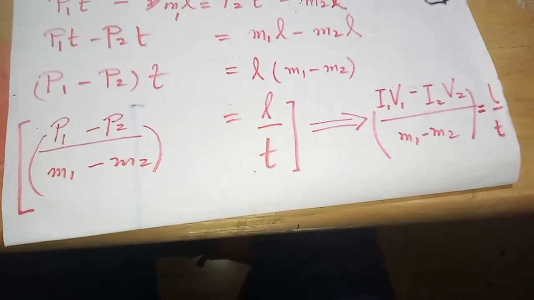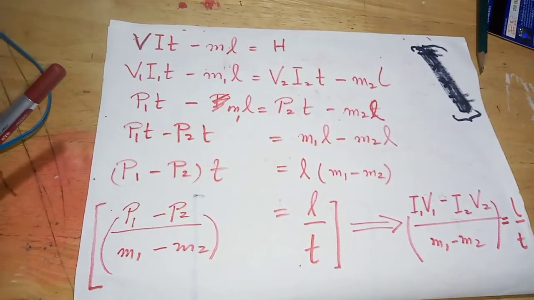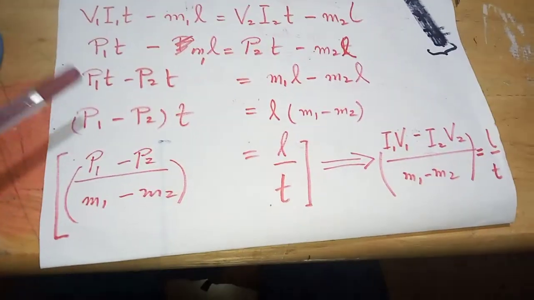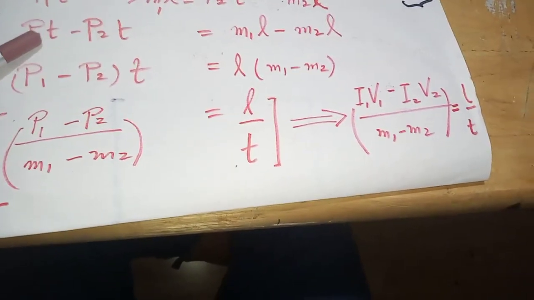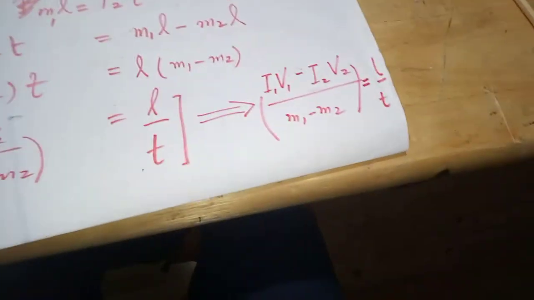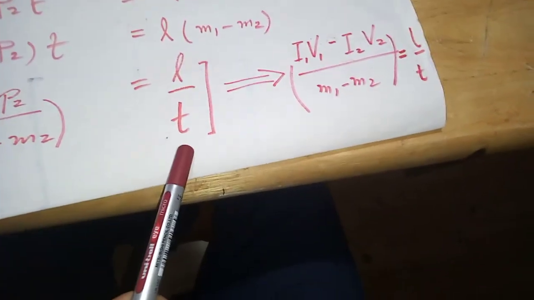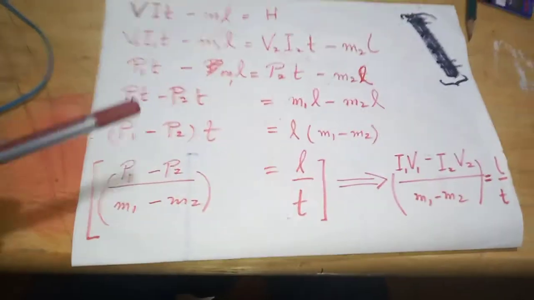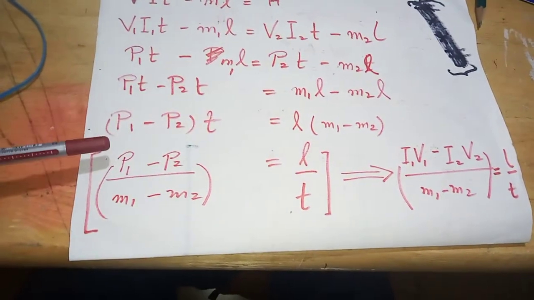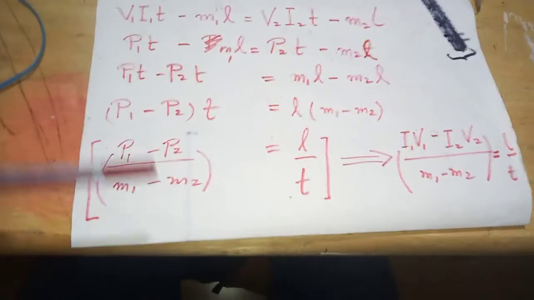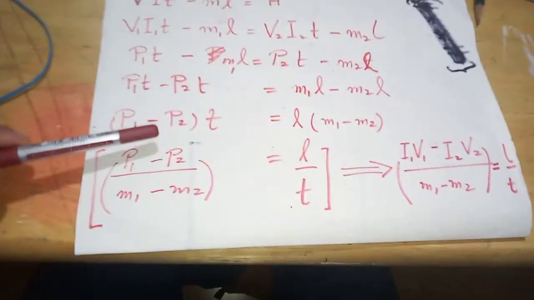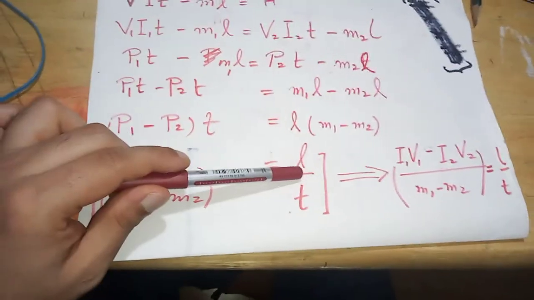If the time is constant, then you calculate the first power and the second power, and the time will be constant. So you bring the time beneath, and then you calculate the power differential and the mass differential, divide the two, multiply by time, and then you get the latent heat of fusion.